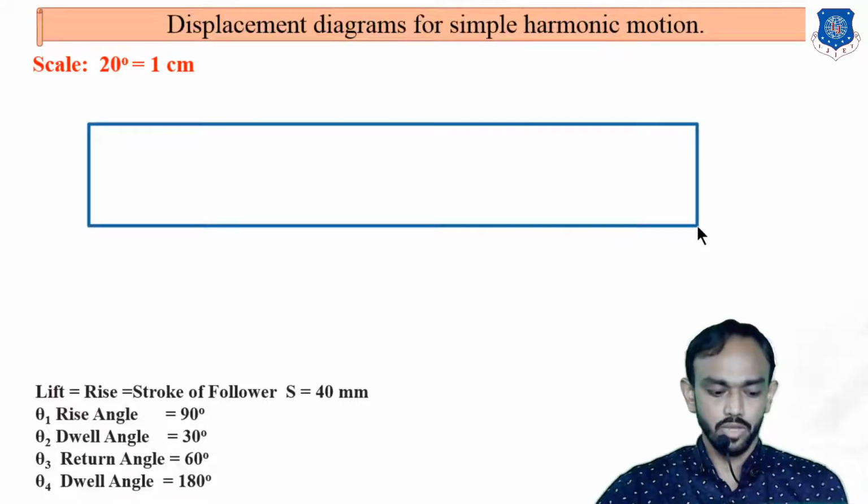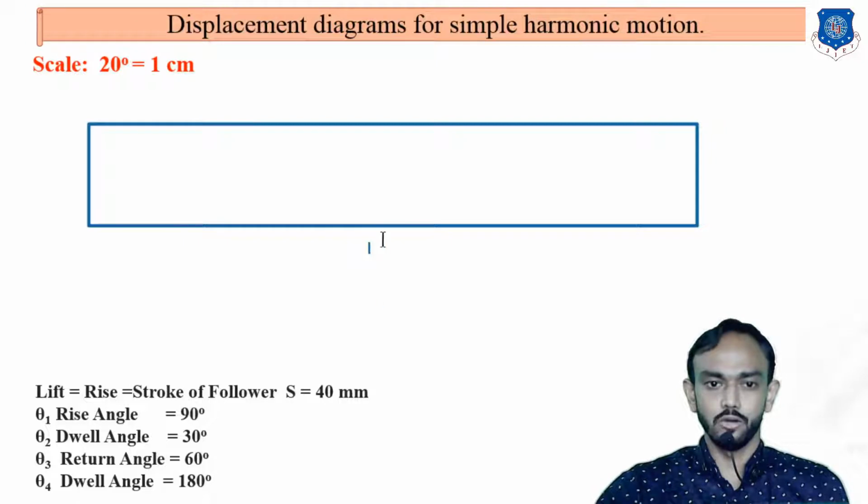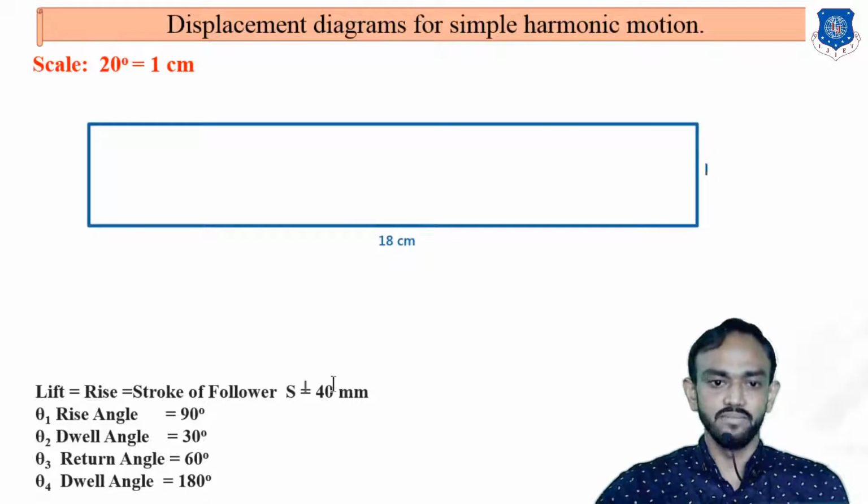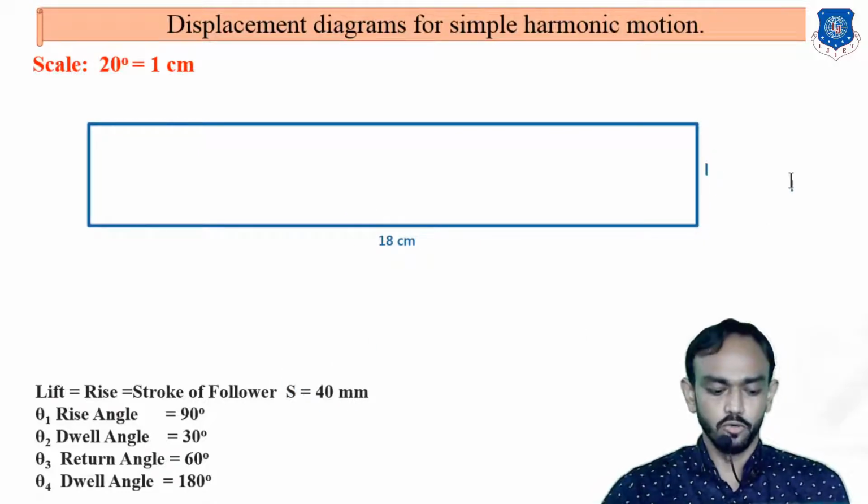Because we have taken 20 degrees equal to 1 centimeter, so the length of our rectangle will be 18 centimeter. And the lift is given as 40, meaning 4 centimeter height.